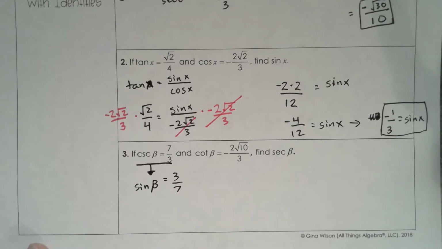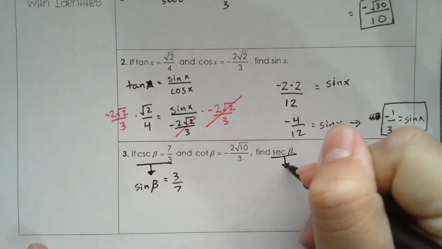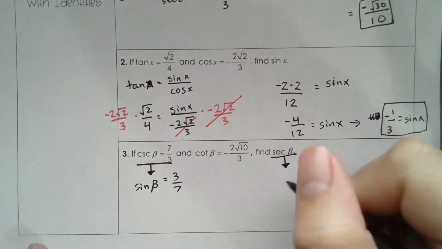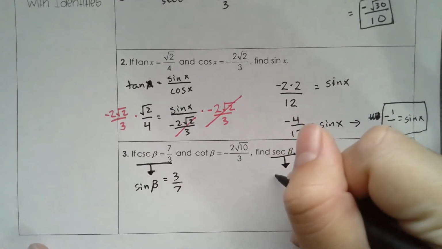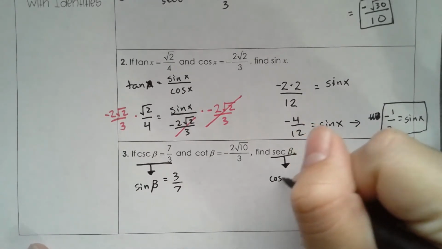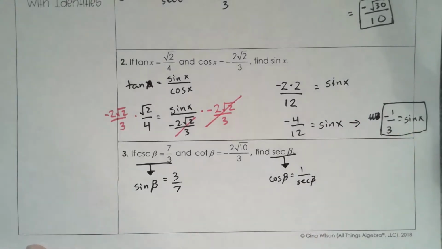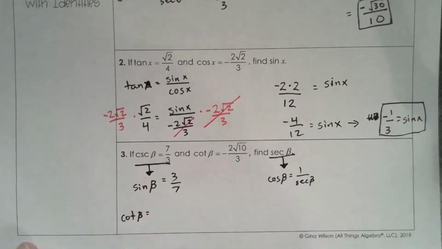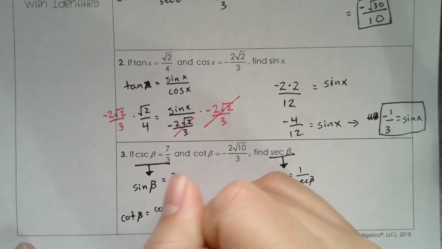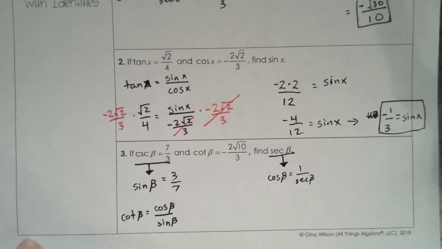Secant, the one they want me to find, is the reciprocal of cosine, so cosine beta will be 1 over secant beta. Cotangent beta was cosine beta over sine beta, and again, I got this from up here, cosine over sine.